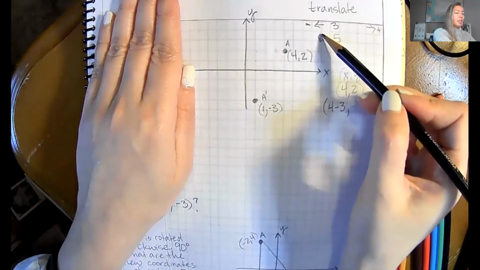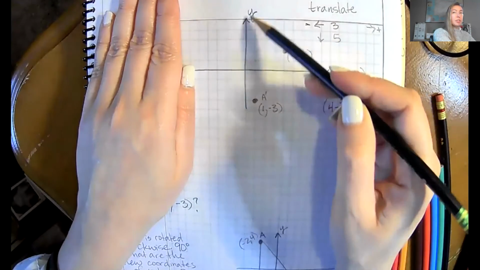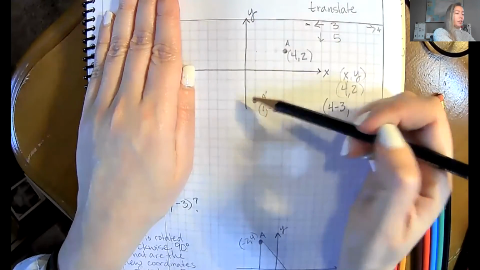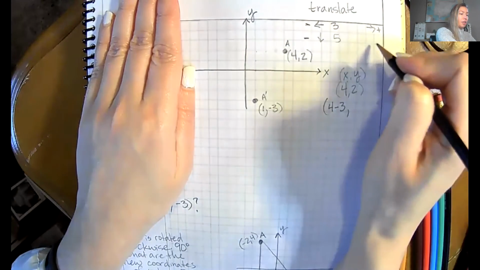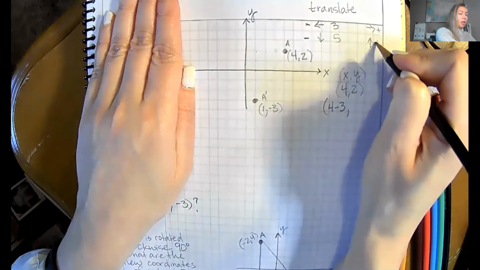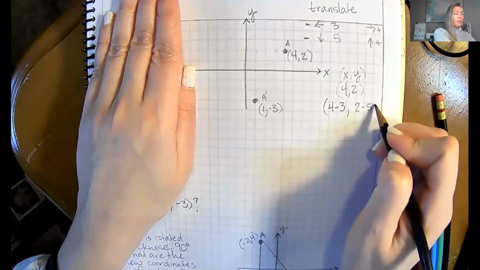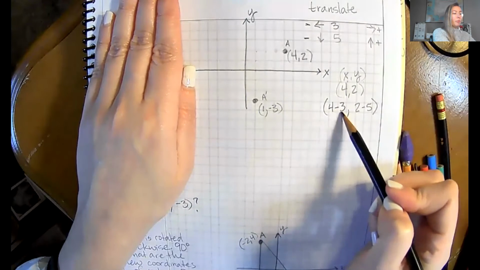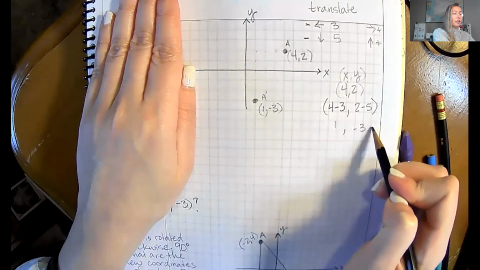We do the same thing with the 5. The 5 is going down. So anything that's up or down is on the y-axis in the y direction. So this is going down. Down is also a negative direction. Again, if it were going up, that would be positive, right? So I'm going to go 2 minus 5. And you can see 4 minus 3 is 1, and 2 minus 5 is -3.